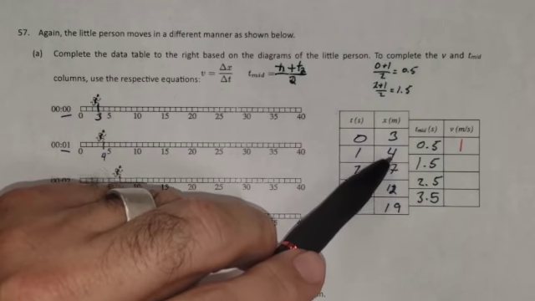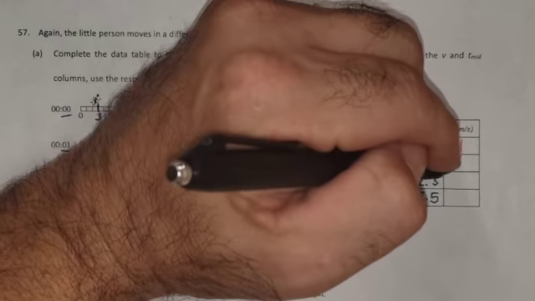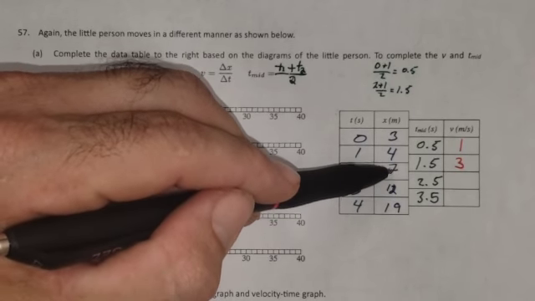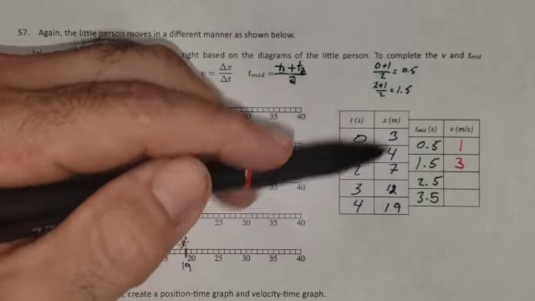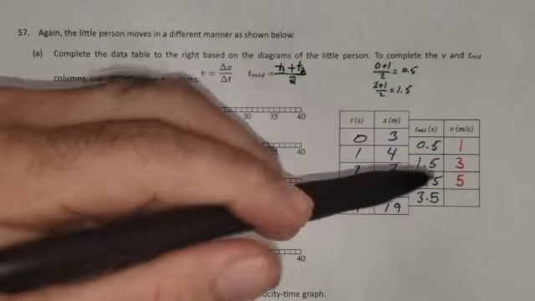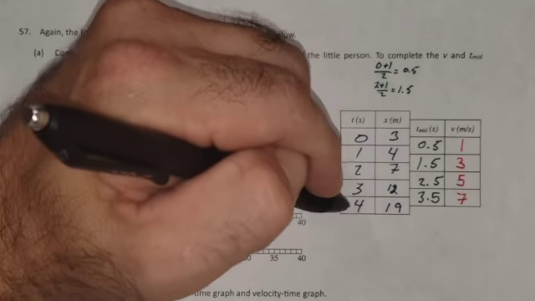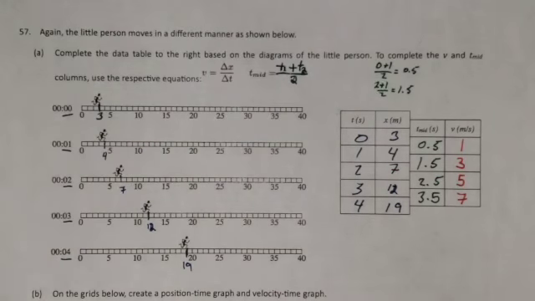Here we have a 3 and a 1, so our velocity is 3. Here, 12 minus 7 is 5, this is still a difference of 1. And then finally, 19 minus 12 is a difference of 7, and the time is still a difference of 1 second. So now we have our two tables completed.